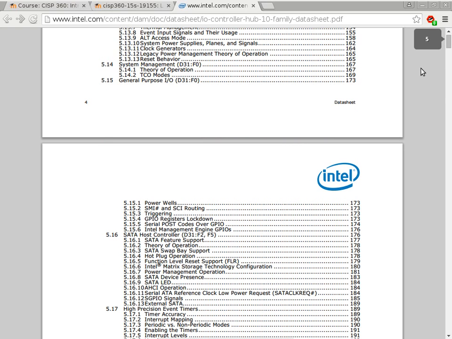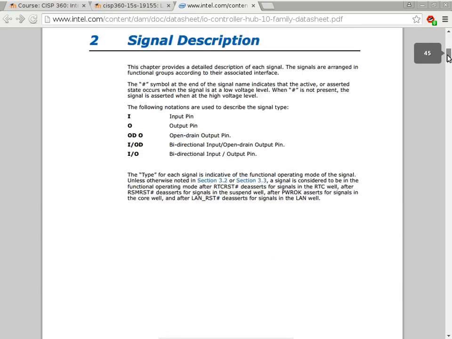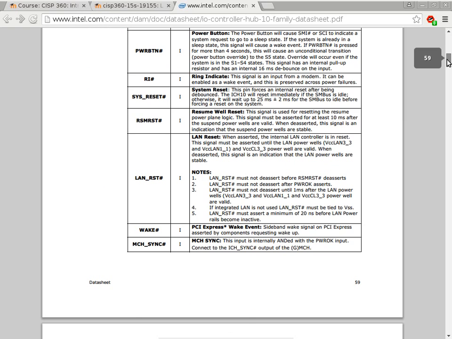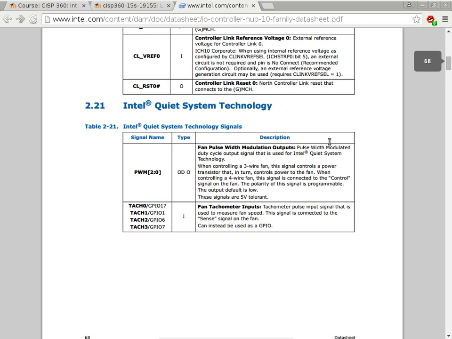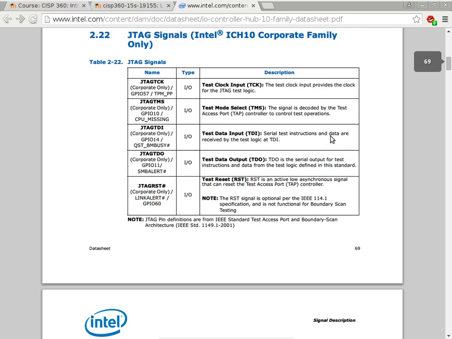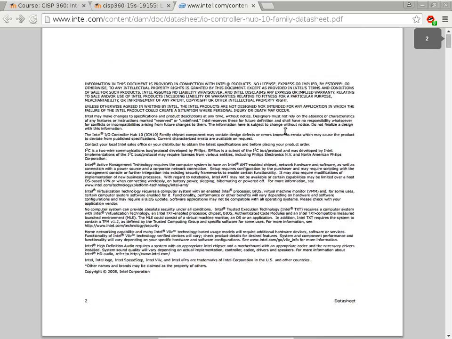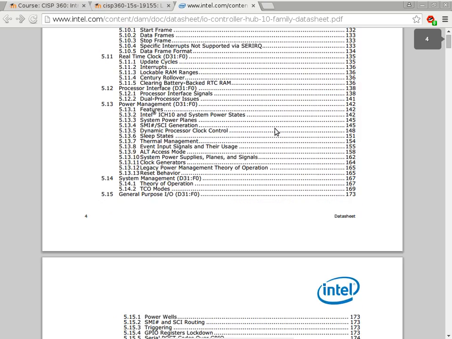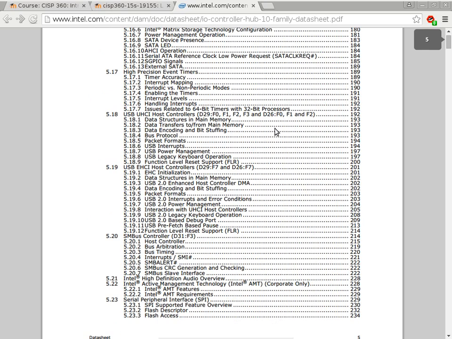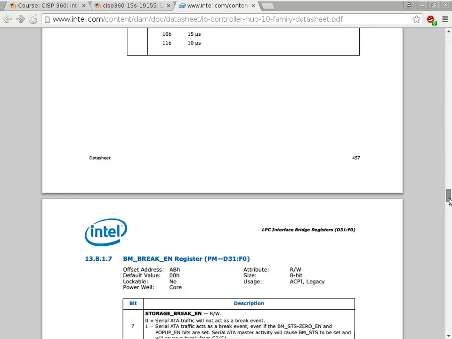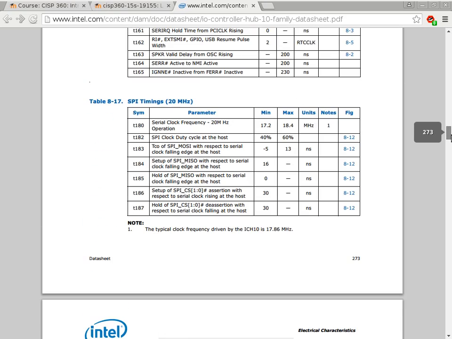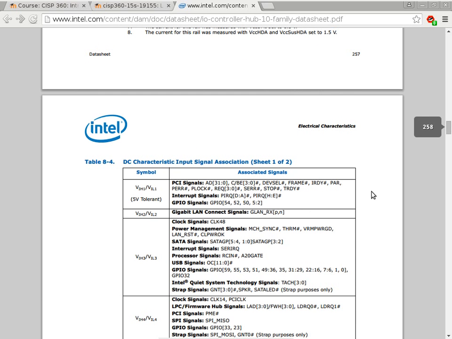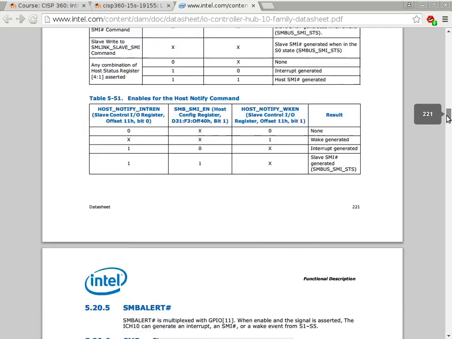Okay, how do I get to a page? I'm just looking for a place where it has a.